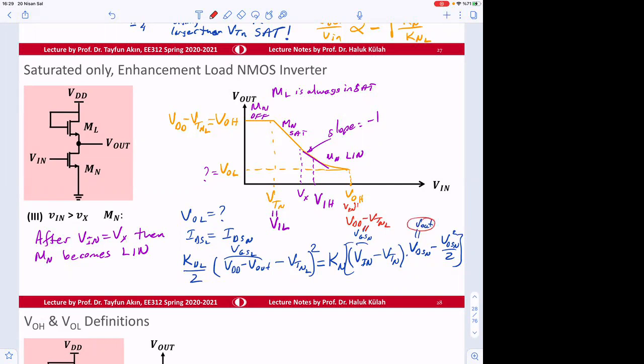So this is V out, this is V out, this is V out. That value of V out is going to be the output low. There's only one unknown, so you just need to solve the equation here. You can find V out, which is also equal to V output low. Is that clear?